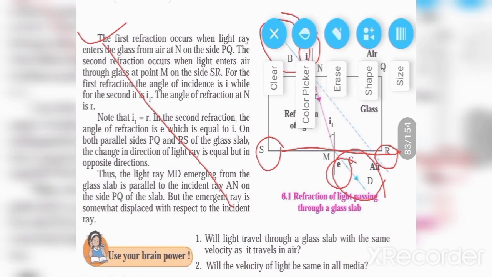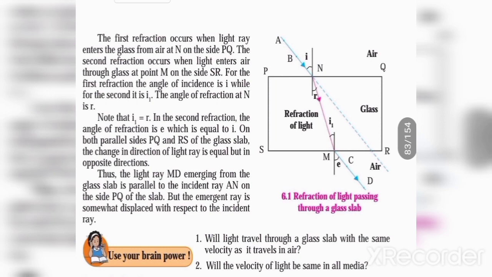The first refraction occurs when the light ray enters the glass at point N on the side PQ. The second refraction occurs when the light emerges from the glass at point M on the side SR. The first incidence is at this point, I. After that, the refraction at this point is small r.